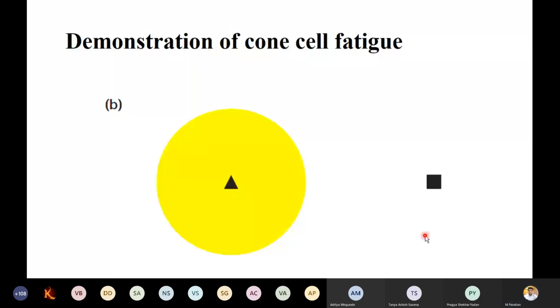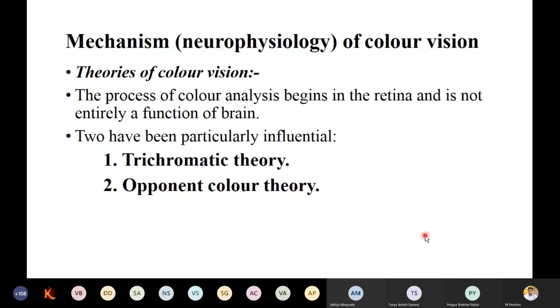Now, the mechanism of neurophysiology of color vision. There are many theories that have been put forward to explain color perception, but these two are fundamental theories which you have to remember.